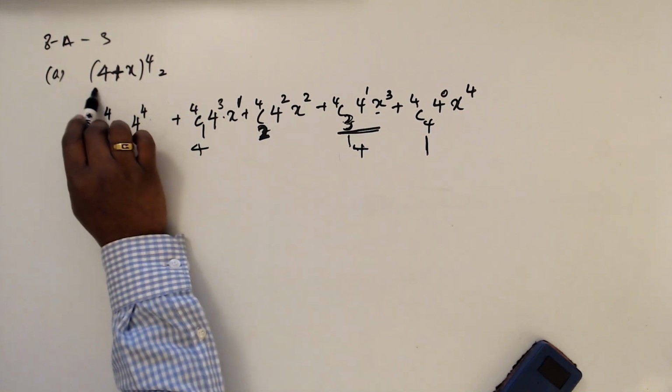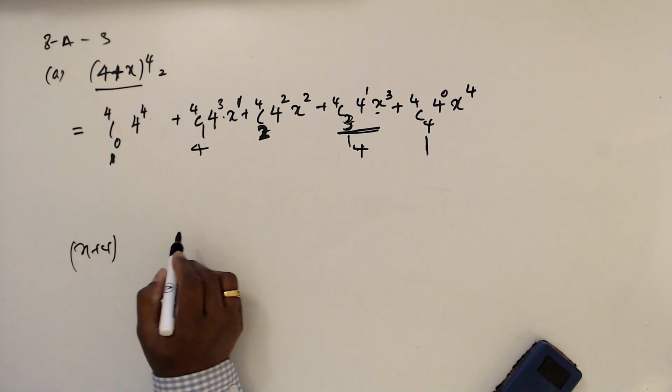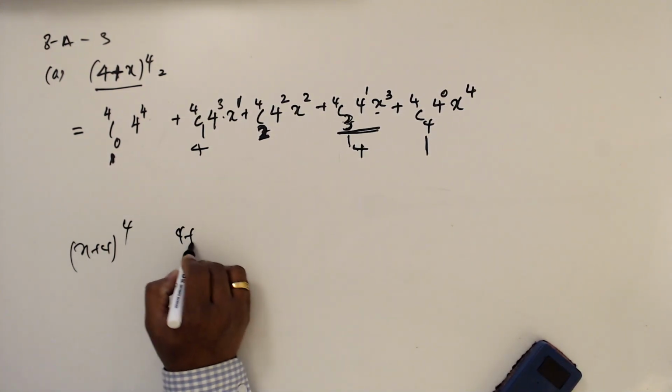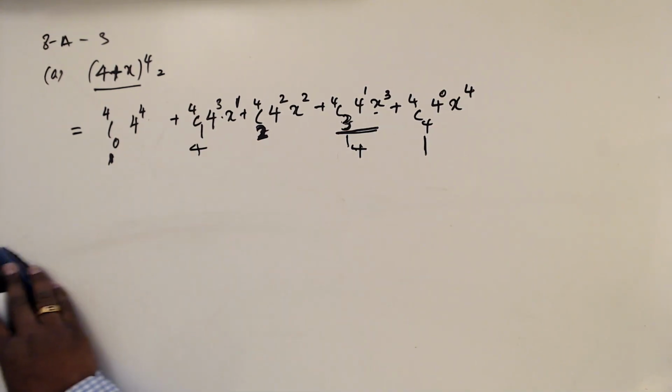If it is in this form, if you write x plus 4, it doesn't work. But if the 4 is first and the x is always second, then it usually works with the linear.